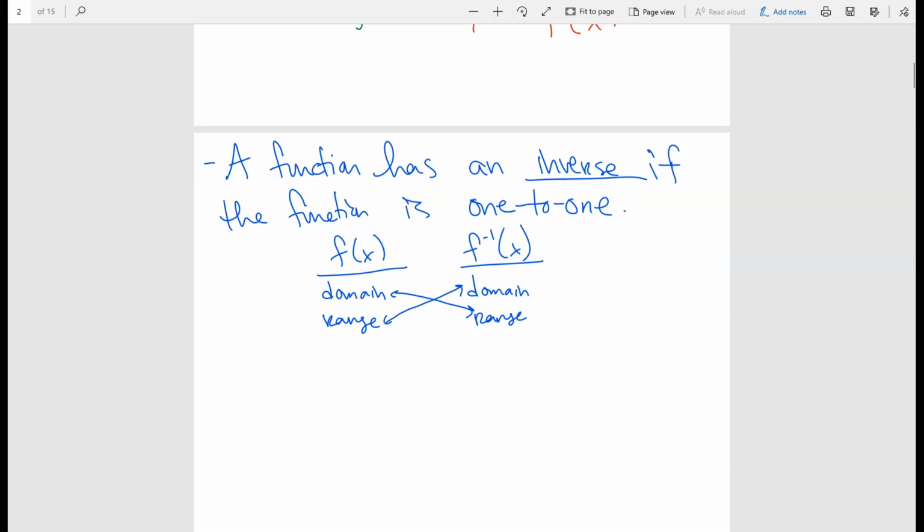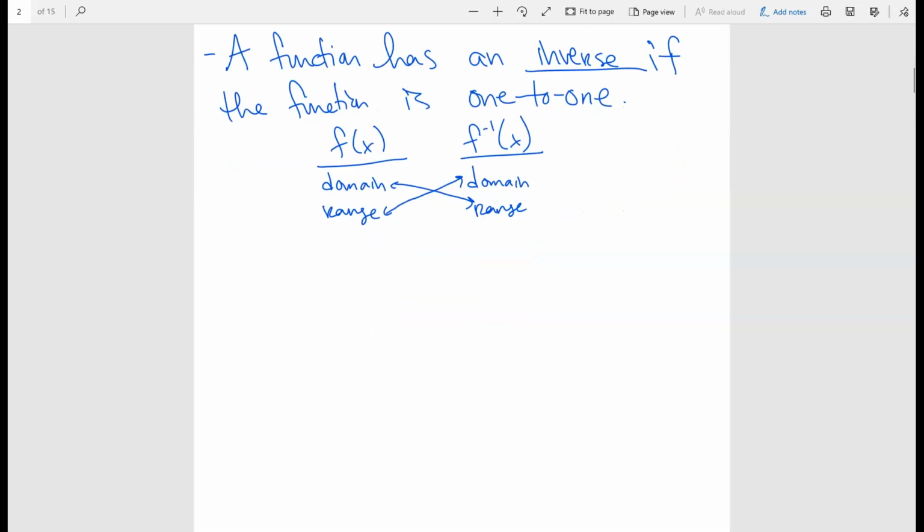That's what's really cool, because before we couldn't even find the range of anything. In order for us to find the range, we would have to graph the function, which can be a little tedious. But now, if we can figure out what the inverse of something is, then we can figure out the range of the original function.